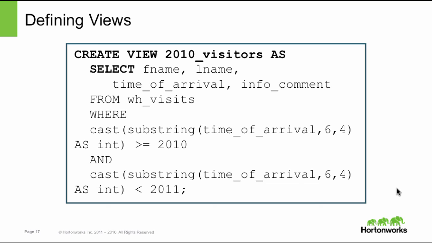We'll see much later in the course, when we introduce Ranger and talk about some security concepts and policies, an example of using a view to create the equivalent of a row level permissioning model, where maybe some group can see these specific rows but not those specific rows.